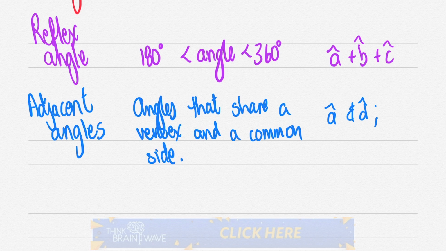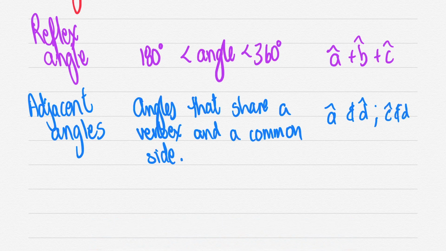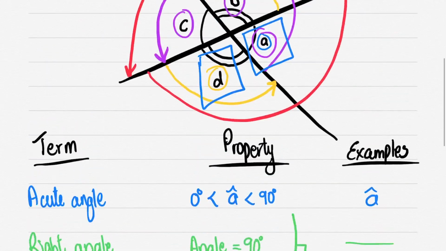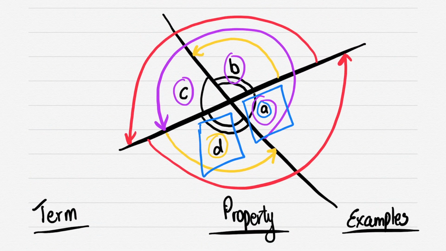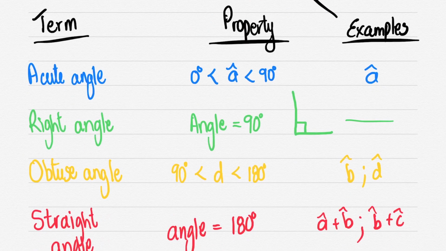So there we go, we've got A and D. We could also say C and D, or C and B, or A and B. As long as they share a vertex and a common side, we call them adjacent angles. Alright, so B and C, A and B, C and D, and A and D.